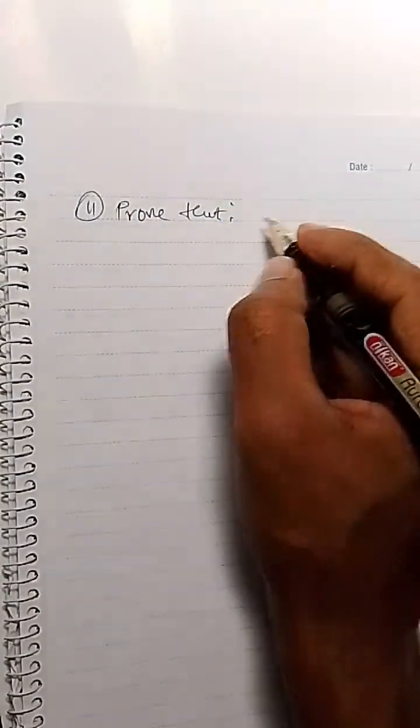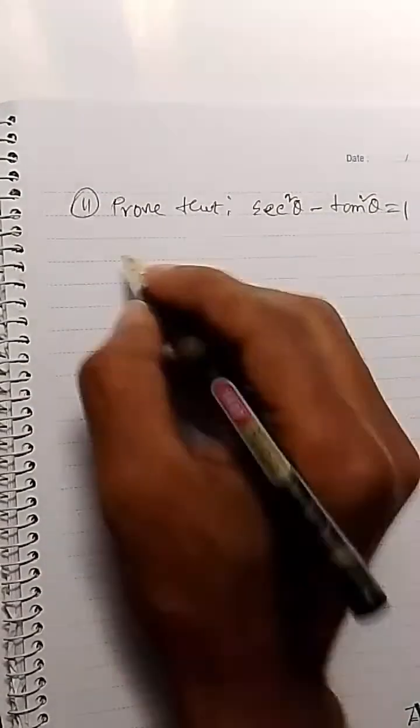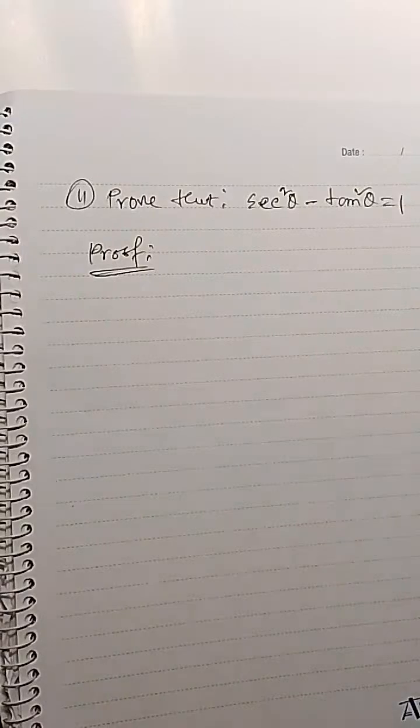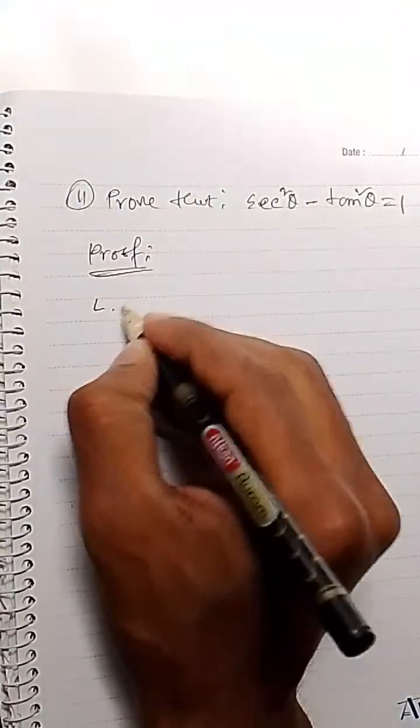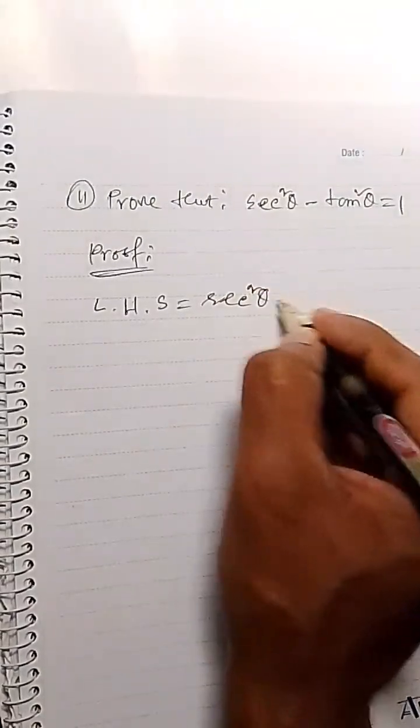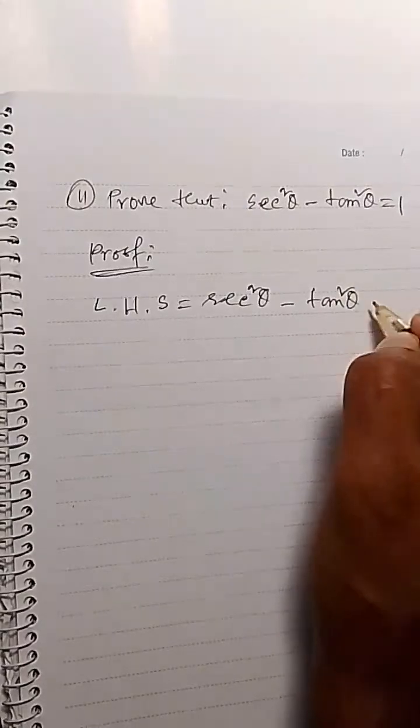and similarly you can prove that sec square theta minus tan square theta is equal to 1. Okay, so the proof is here. Let me take sec square theta minus tan square theta.